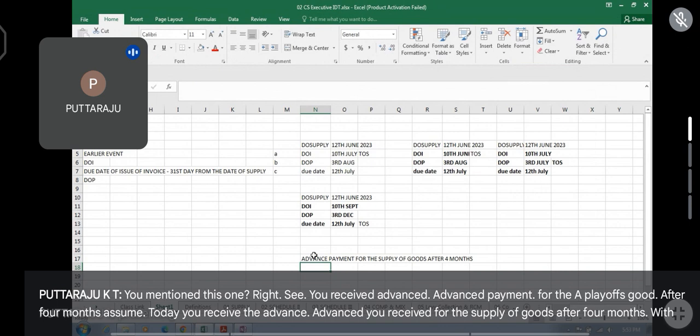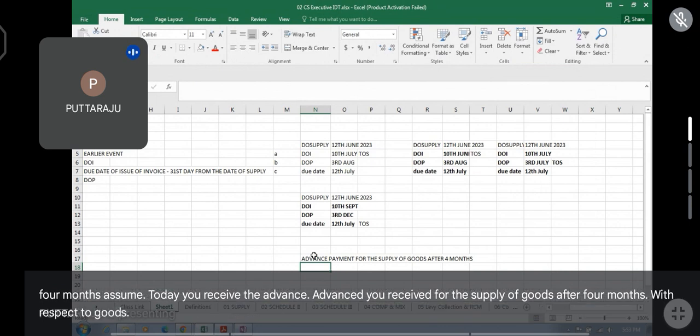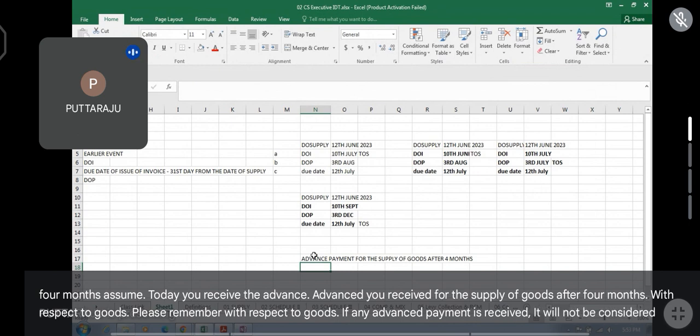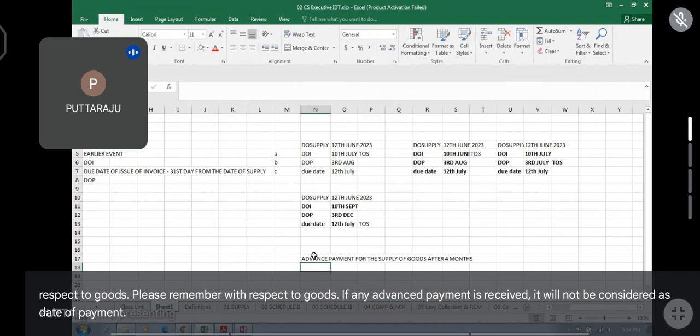With respect to goods, please remember, if any advance payment is received, it will not be considered as date of payment. Once the supply is done, that day will be taken as date of payment.